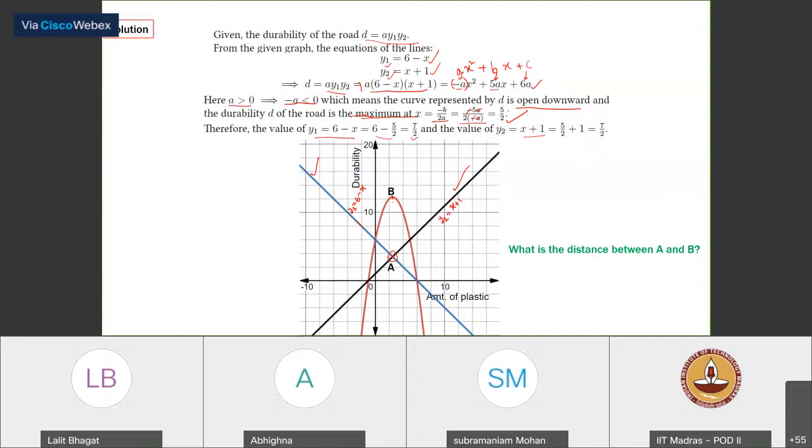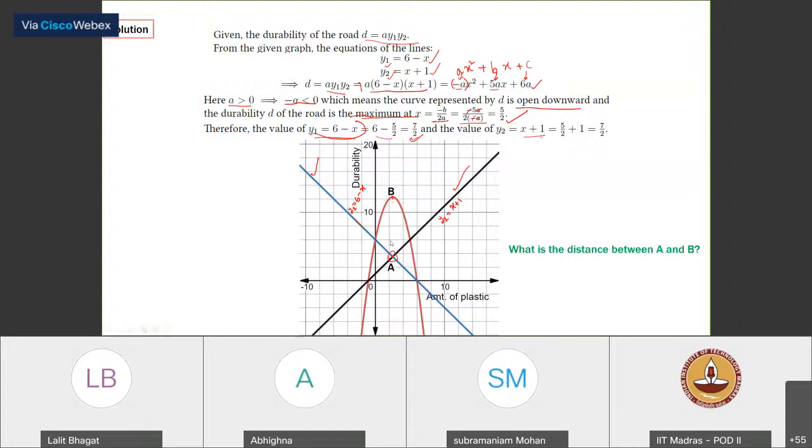At that particular value, at that maximum durability point, x is equal to 5 by 2. And then at that point, the intersection of these two lines is also happening. At that point, it becomes 7 by 2 and 7 by 2. So basically, the point is 5 by 2, 7 by 2.